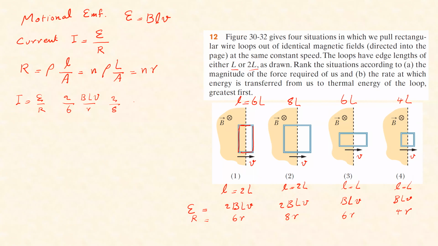And then will be 1 over 6. For the next one will be 1 over 4. Right, the currents are different.